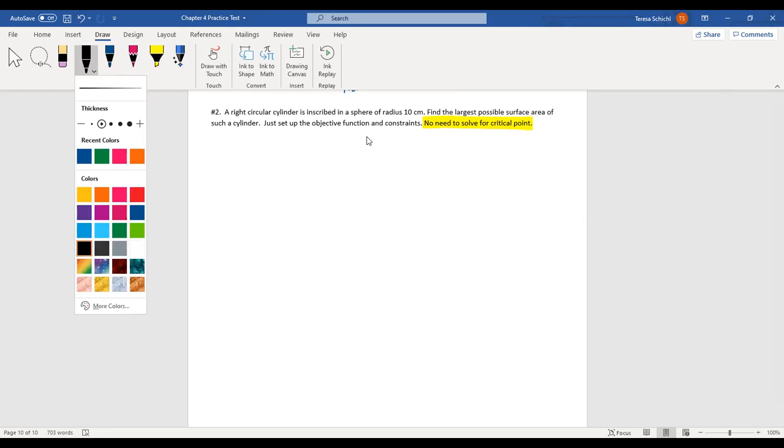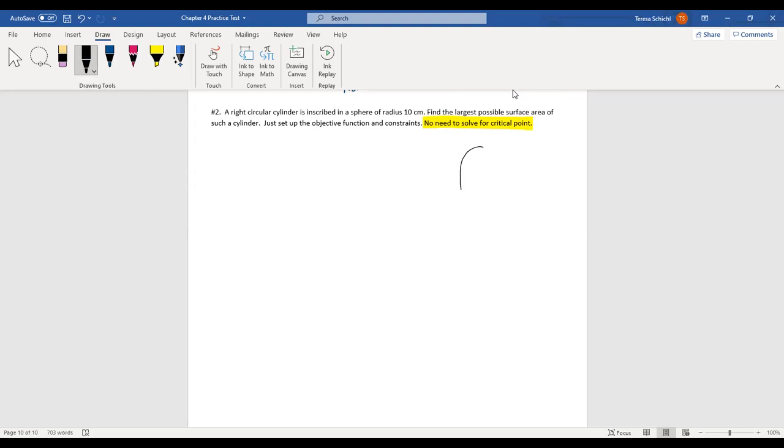Let's do a circle, and I hope I can draw a nice one. This is kind of like a sphere, and then I have a cylinder inscribed inside this sphere.